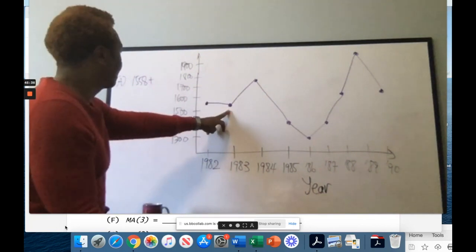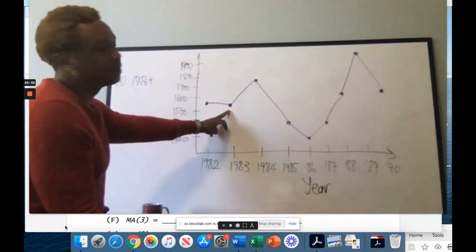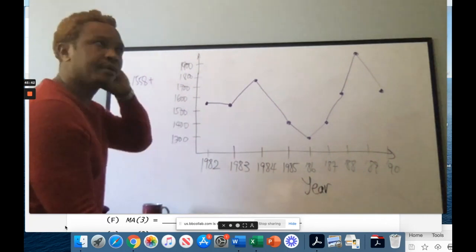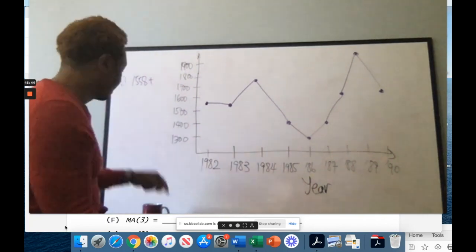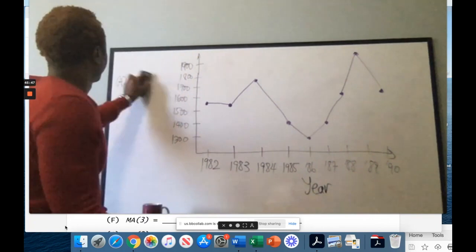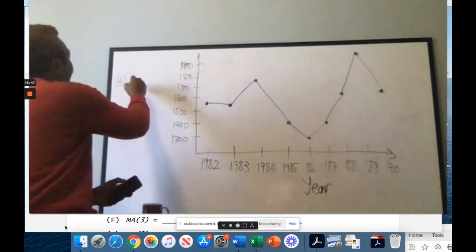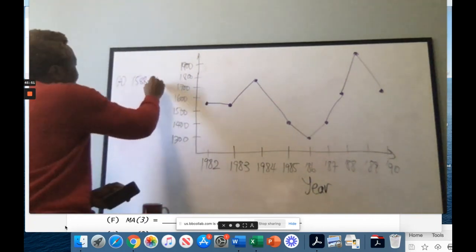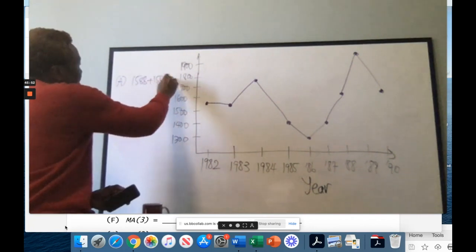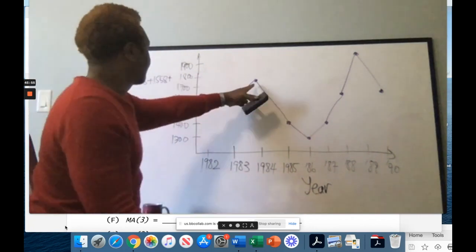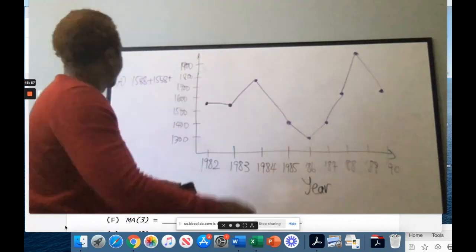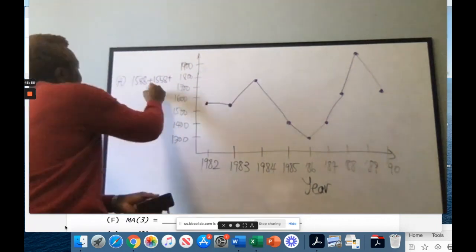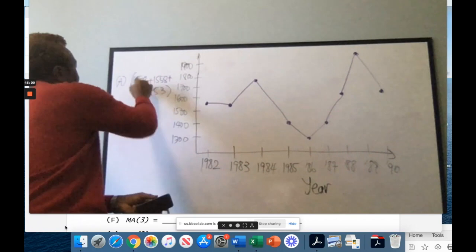The first one was 1588. The second one is 1558. Okay, 1588 plus 1558 plus what's this third one? 1753. Okay, 1753 in parentheses, and then all of that divided by 3.